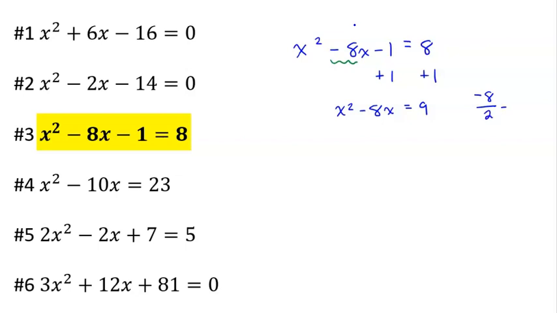Divide it by 2. I get negative 4. We're going to square that. That gives me positive 16. Add that to both sides. X squared minus 8x plus 16 equals 25.